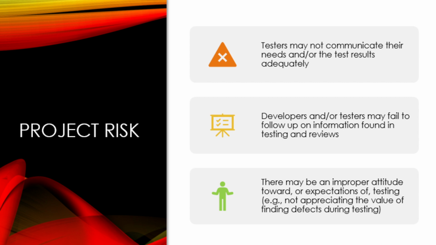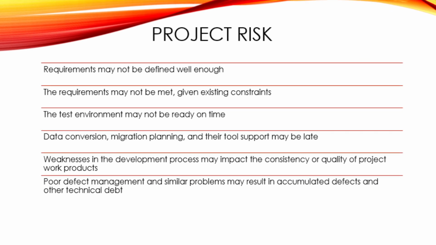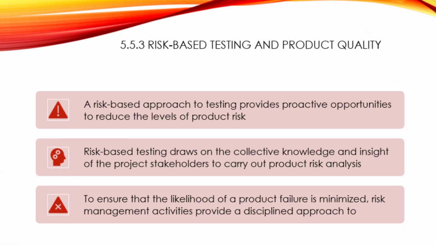And in project risk, we have requirements that may not be defined well enough, or may not be met. The test environment may not be ready on time. Data conversion, migration planning, and other tool support may be late. Weakness in the development process may impact the consistency or quality of the work products. Poor defect management is another project risk.